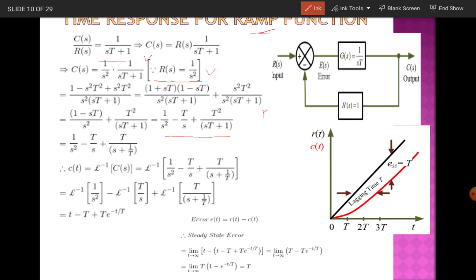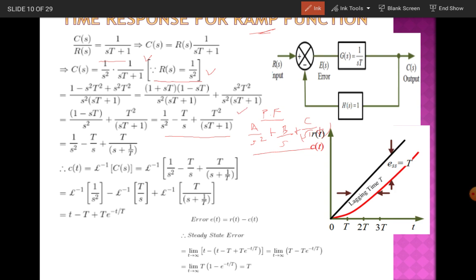In this method, you can split this as A/s² plus B/s plus C/(sT+1). Then you find the coefficients A, B, C, and substituting, you will get this expression.